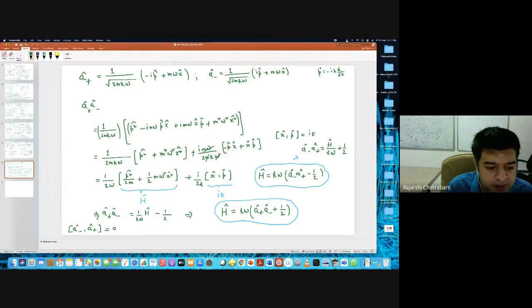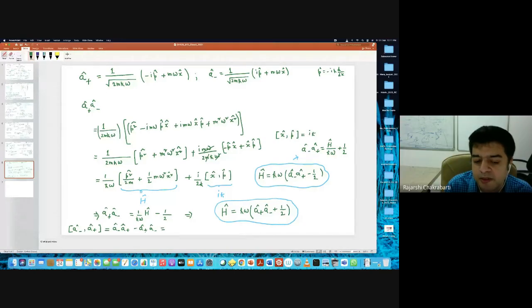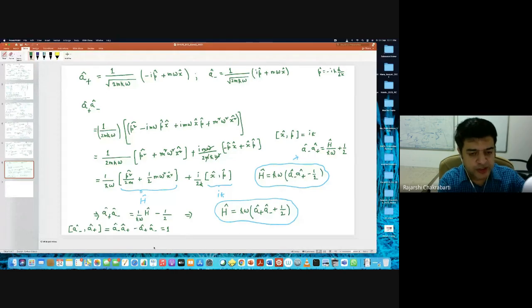This is nothing but 1. You know that A plus A minus is this, A minus A plus is this. So the H by h cross omega will cancel, the half will add, and it will give you 1. This is another relation. Any question so far? We're doing algebra mostly.